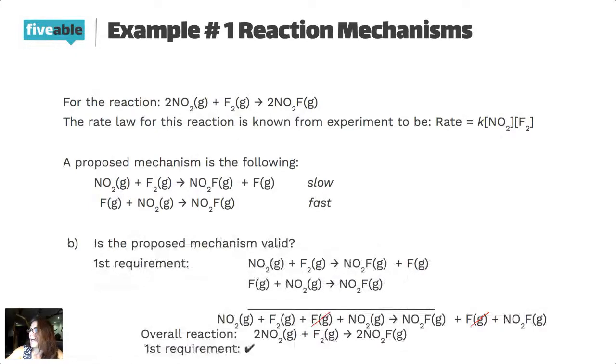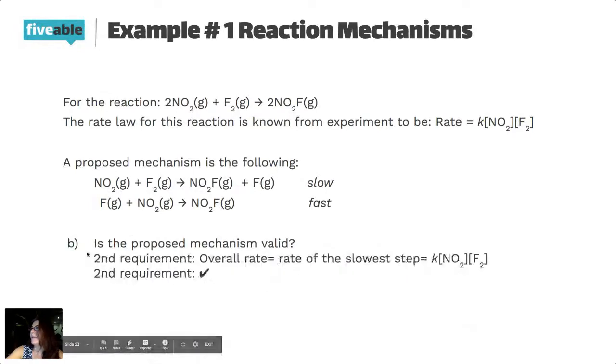We add the 2 equations, and we do get the overall. So the first requirement is met. And then remember that the overall rate will be the rate of the slowest step according to its molecularity. So it would be the concentration of NO2 times the concentration of F2, which is actually the experimental rate. So the second requirement is also met.